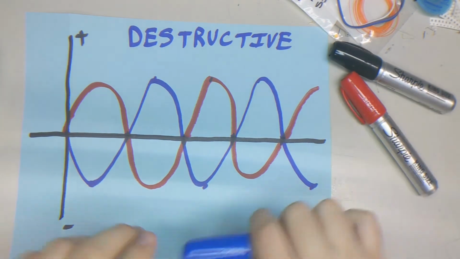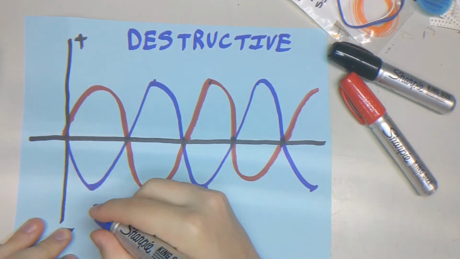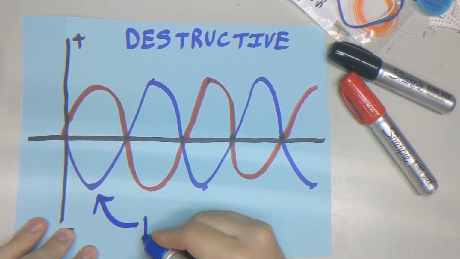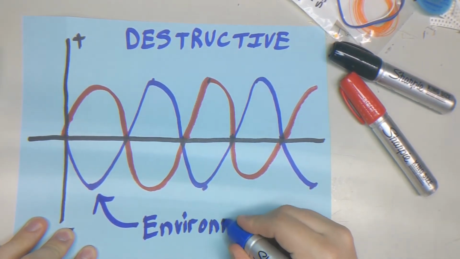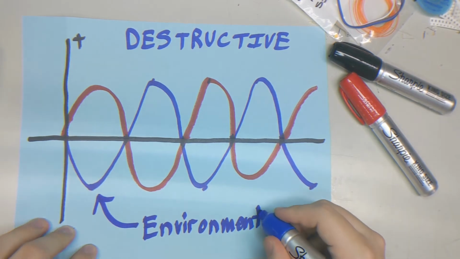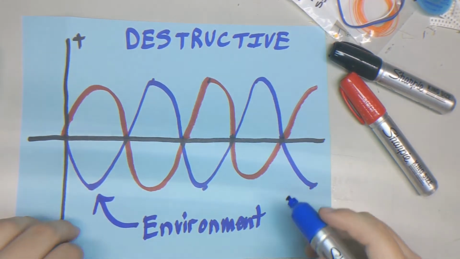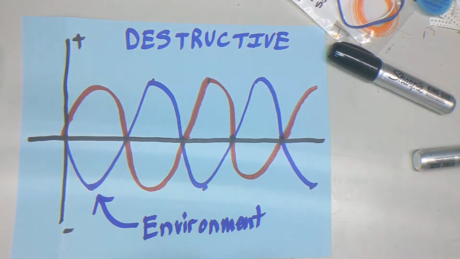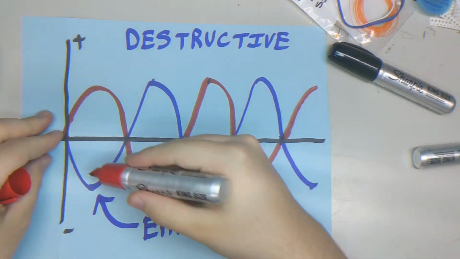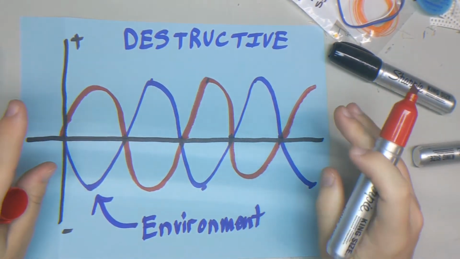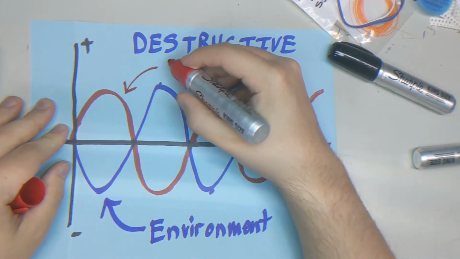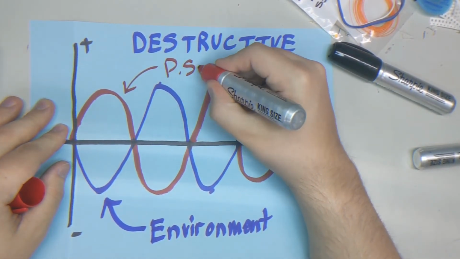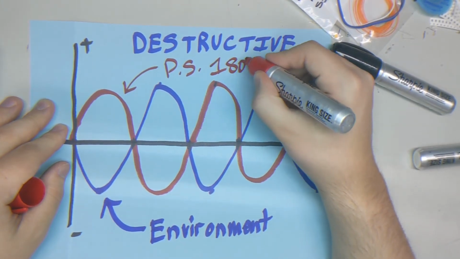And let's say the surrounding environment is the blue wave. So the blue wave is the noise from the environment. And then what the headphone does is it records that, and this is all in real time, and then it actually plays it back with a phase shift of 180 degrees.